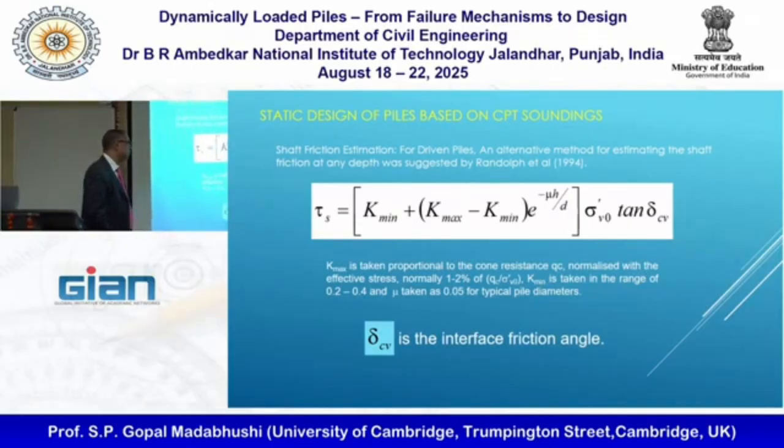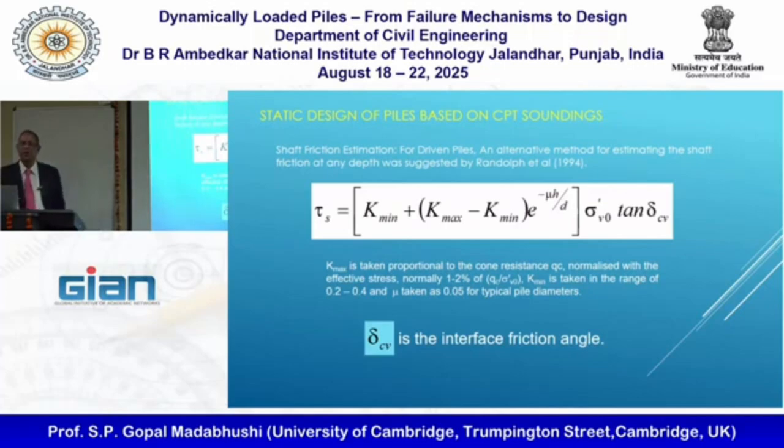You can take this Kmax as proportional to the cone resistance QC. Basically, you need to know how much of your passive earth pressure you are mobilizing. And what he is saying is you can take about 1 to 2% of QC over sigma dashed V. All these are in the paper.